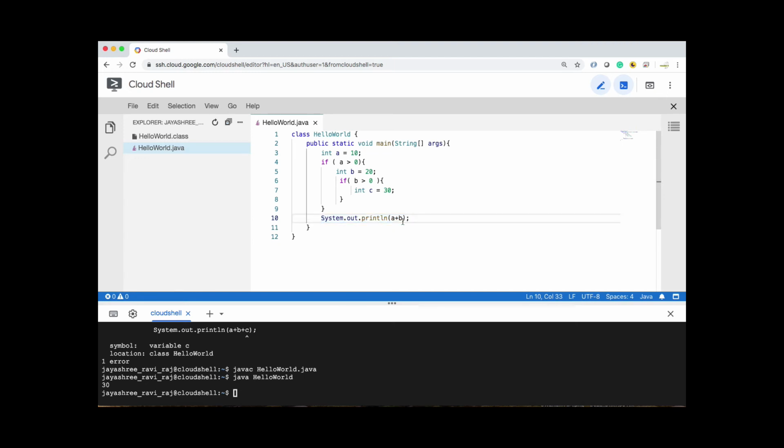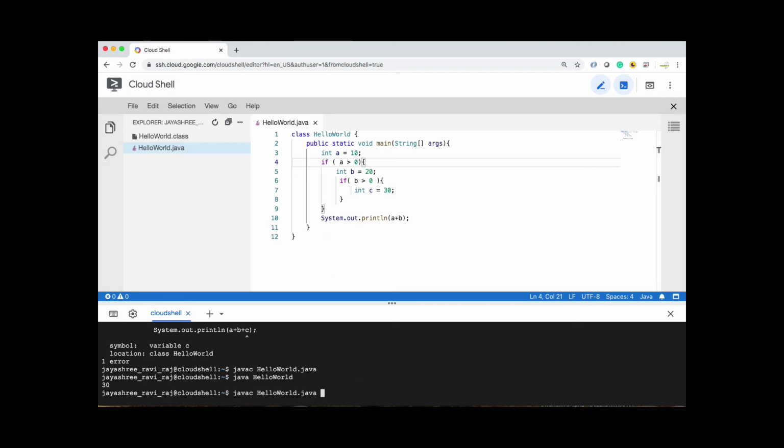Here again, it's going to complain about B because B is part of the inner block. So B is declared inside this block, and so at line number 10 it can only see A but it cannot see B, which is part of the inner block.